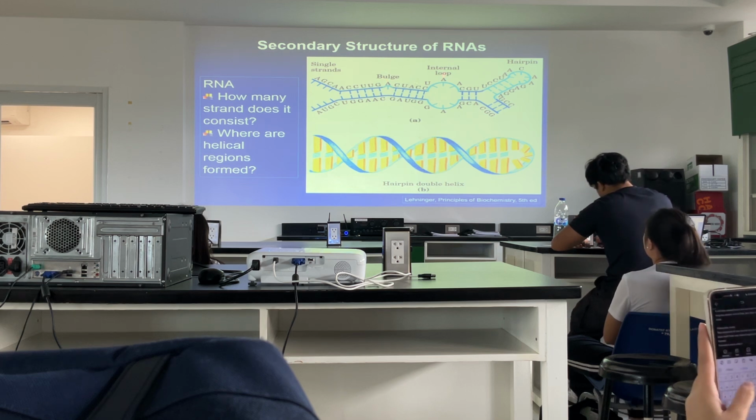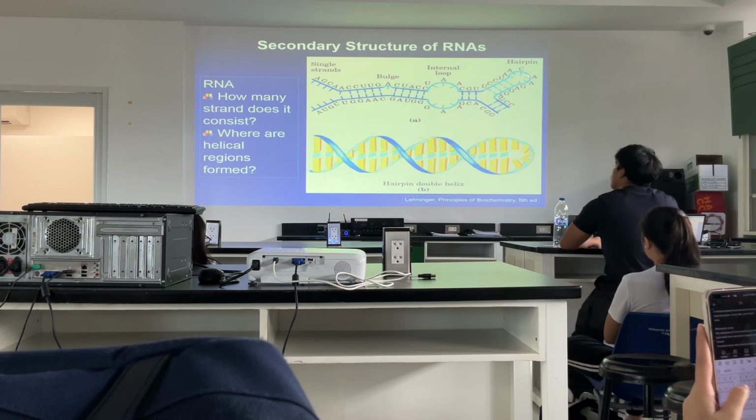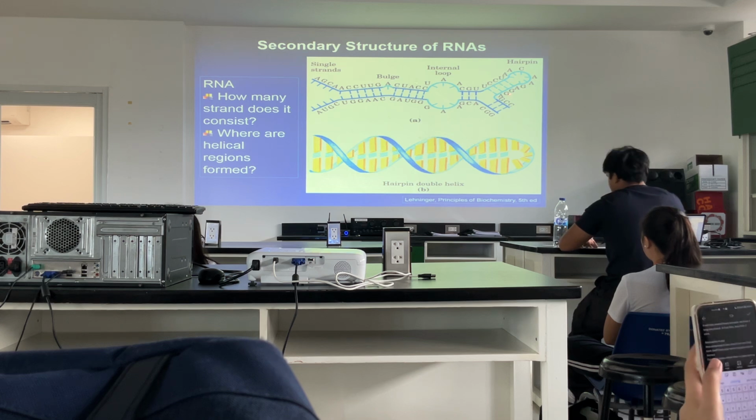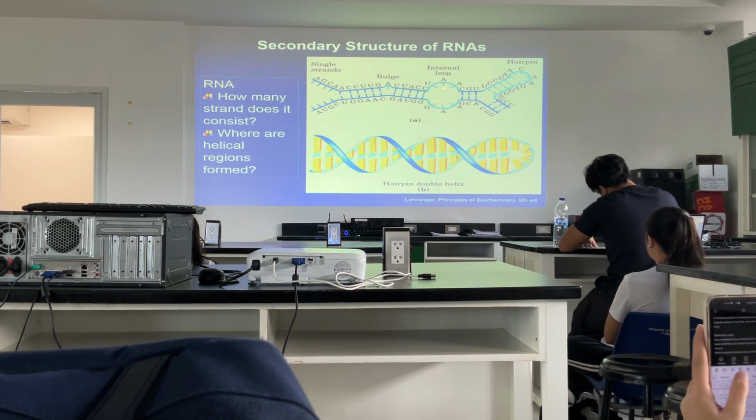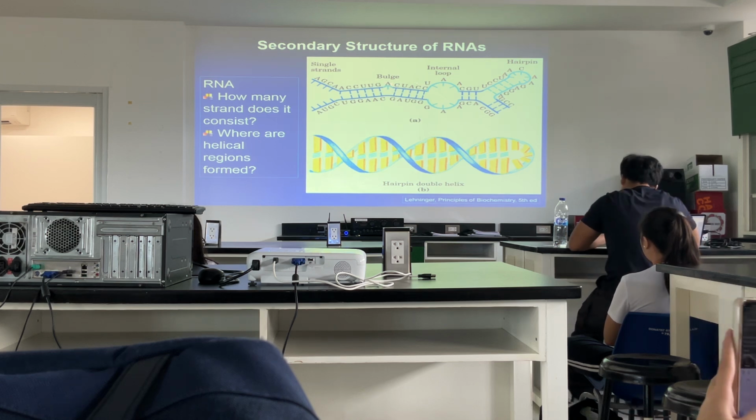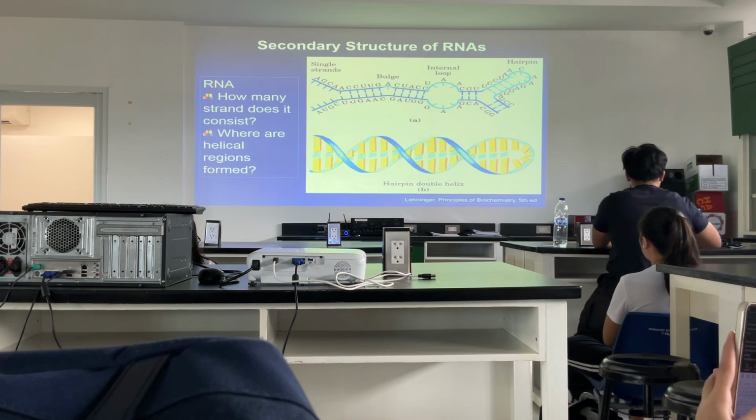In the internal loop, you have no base pairing. In the hairpin loop, you have no base pairing also. Therefore, base pairing can occur in regions other than the hairpin loop, the internal loop, and the bulges. So once there is base pairing, then this can form a helix.